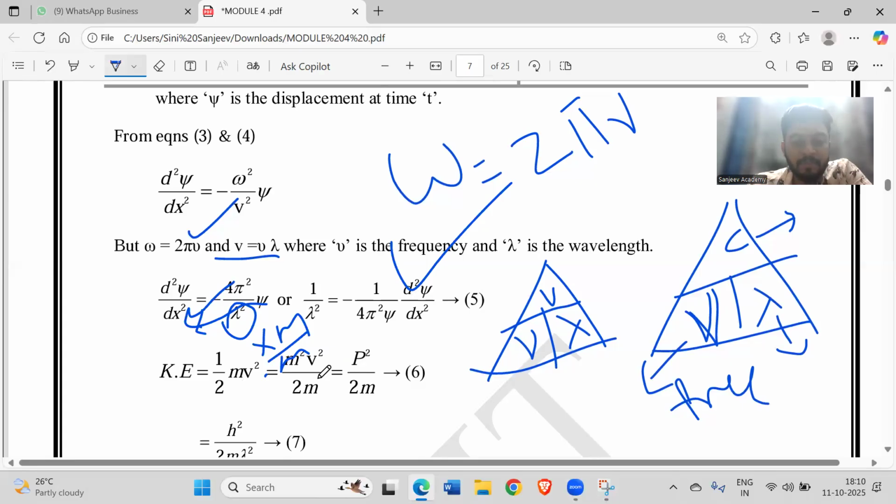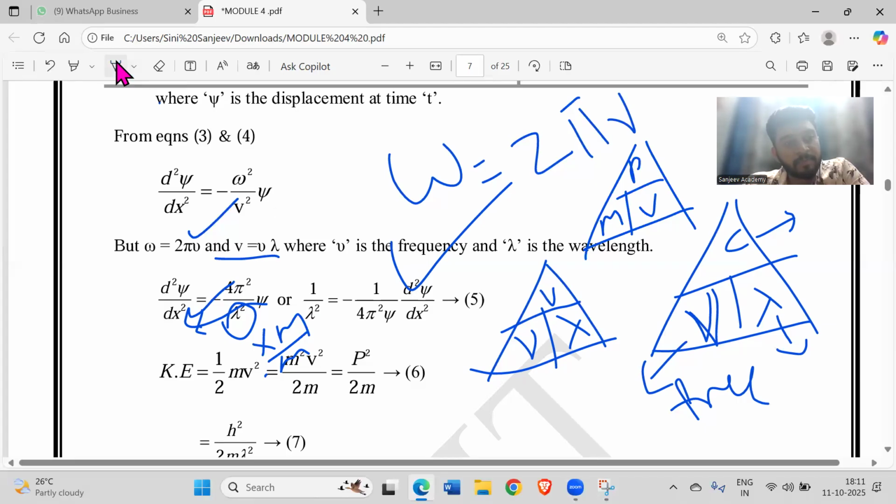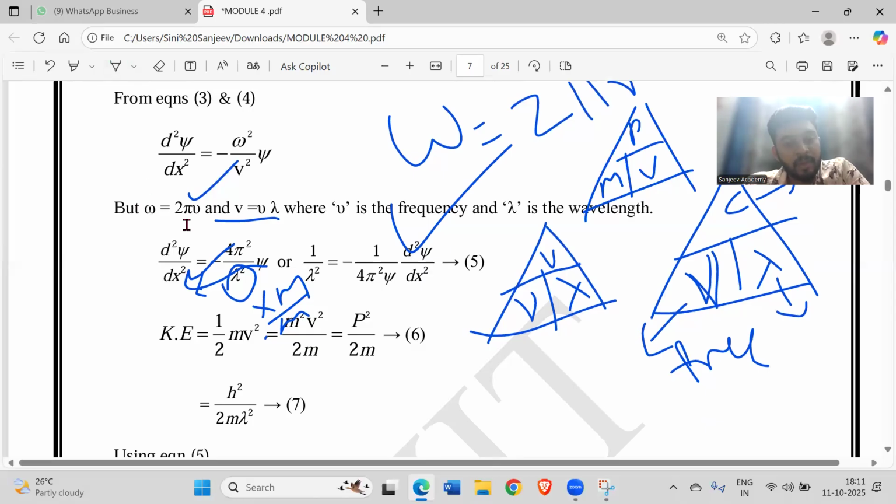And what is momentum? So put a triangle: P is equal to mv. So m square v square is nothing but p square. P square by 2m I'll be getting.